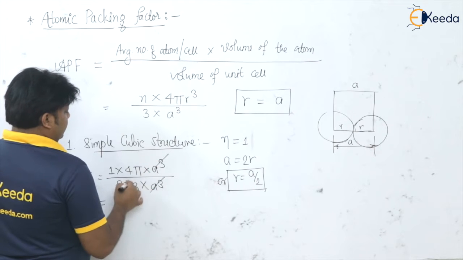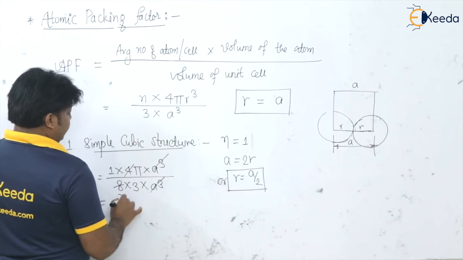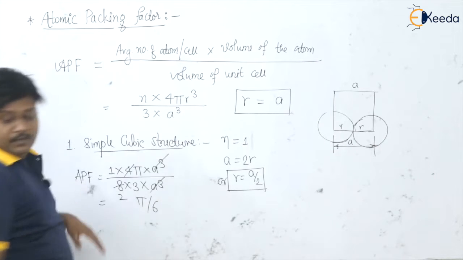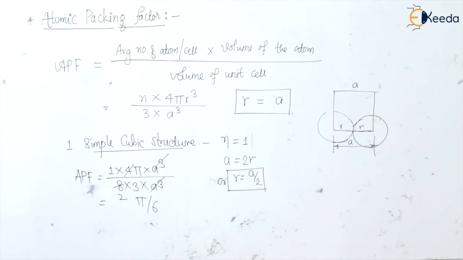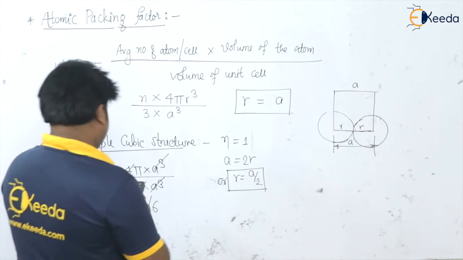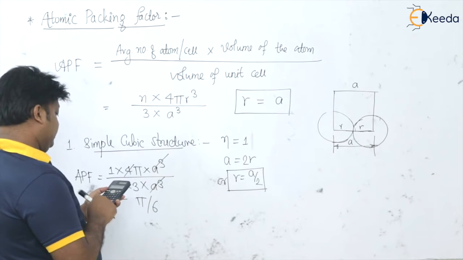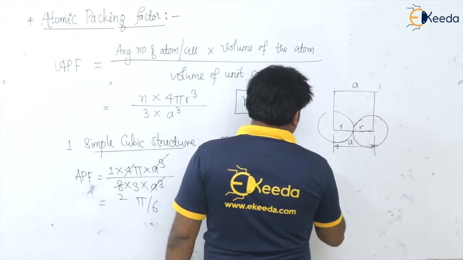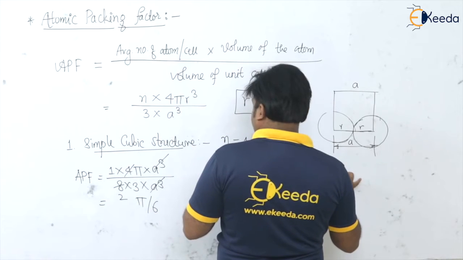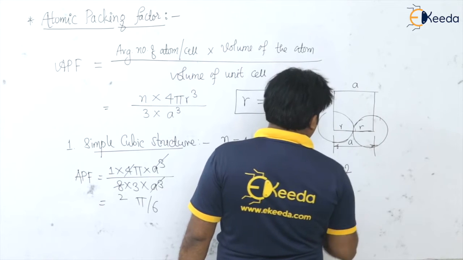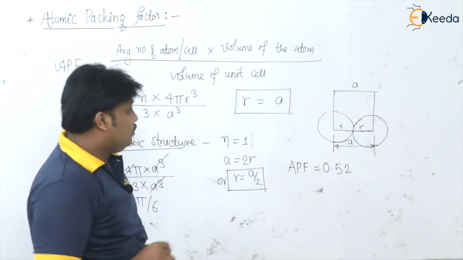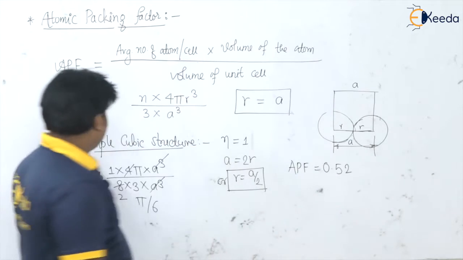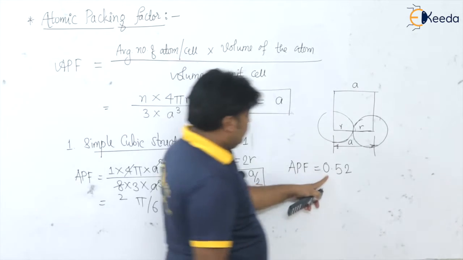A cube get cancelled, 4 2s are 8, so it is pi upon 6. And see, it is how much? So atomic packing factor pi divided by 6, it is equal to 0.52, isn't it? So atomic packing factor for this simple cubic structure you got as 0.52.